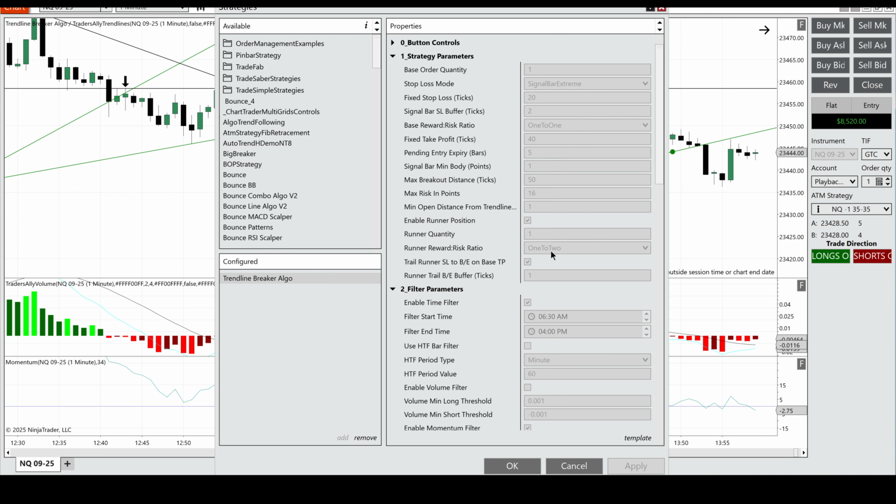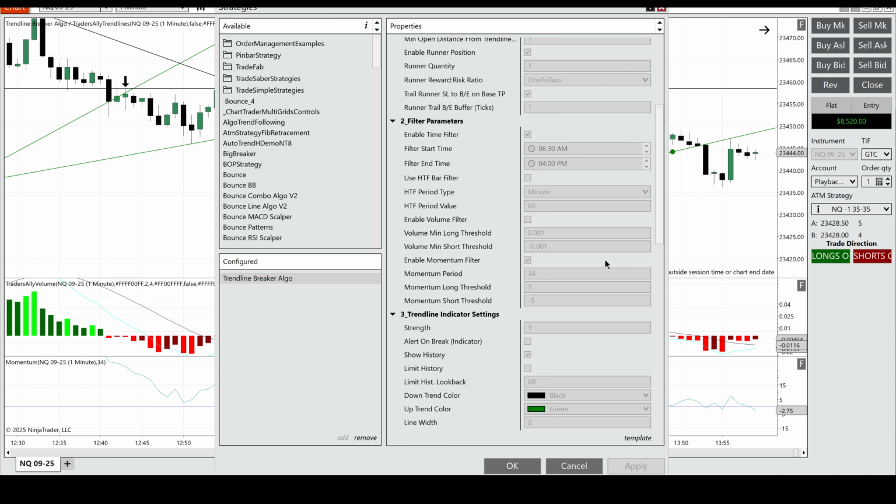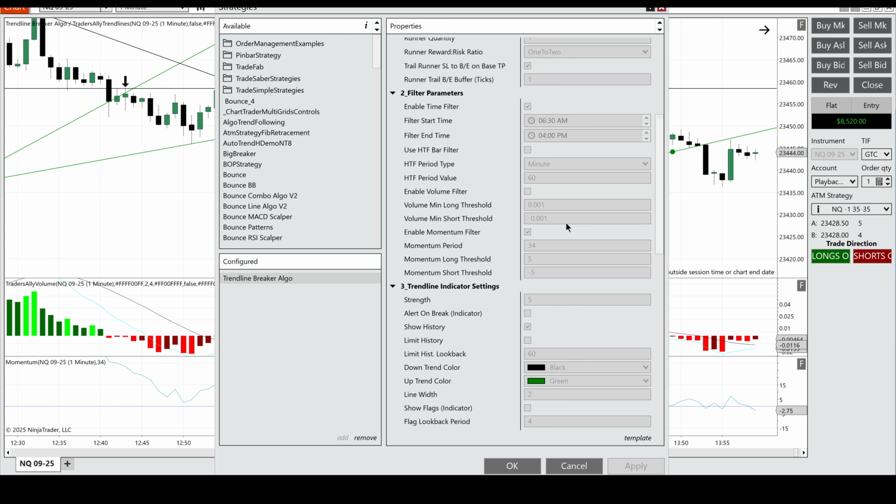We trail the runner, and as soon as the base position hits take profit, we move the runner to break even. We have some time filter here. I didn't use anything on higher time frame, or a volume filter, which is this indicator here, Traders Ally Volume.